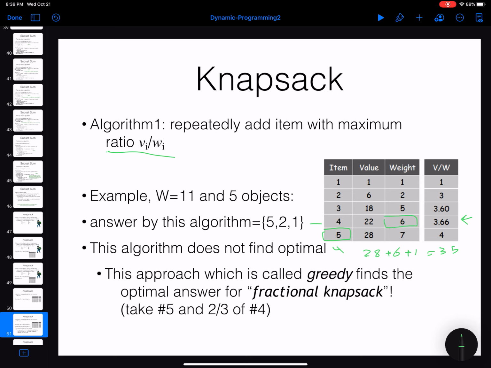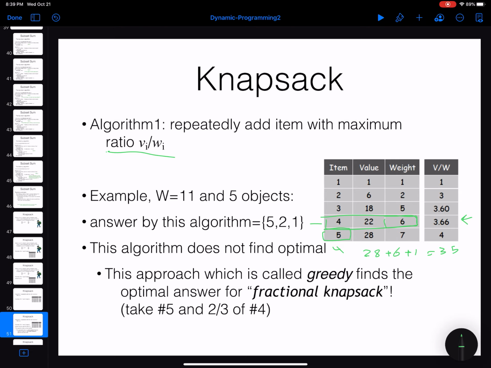But if I have 4 kilograms remaining, I'm going to just take 4 kilograms of this object 4, right? So in total, I'm going to take the maximum amount of value, because I can just take some fraction of the objects.